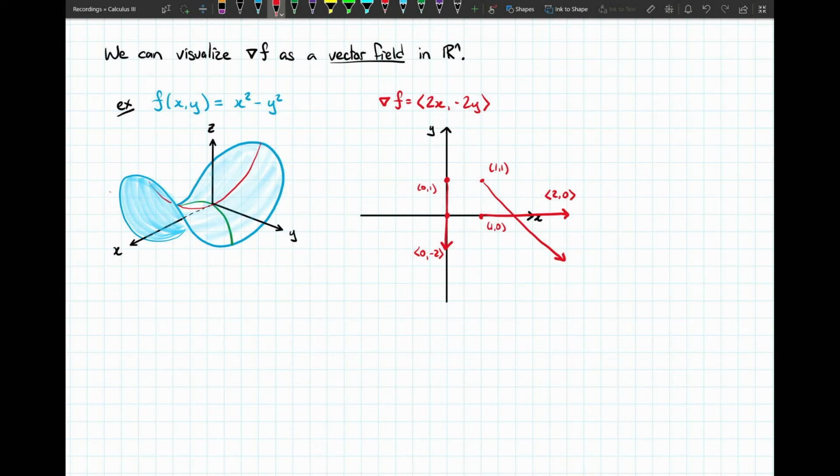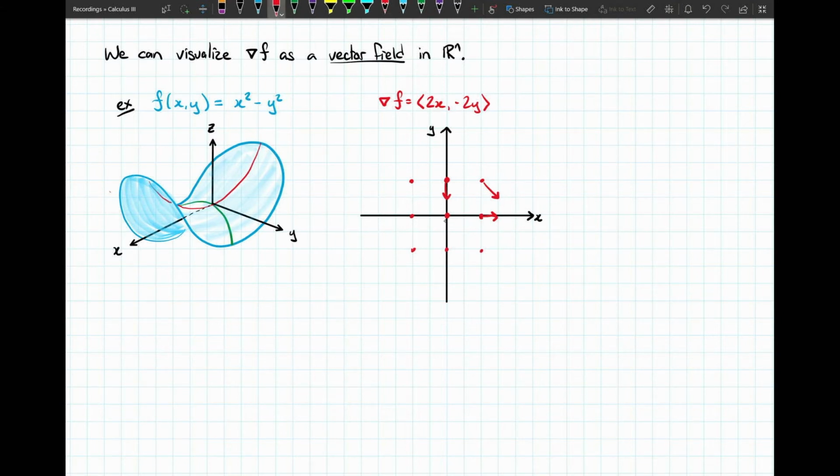So what we typically do is we actually just scale these vectors back so it's easy just to determine their direction, but not quite as easy to determine their magnitude by looking at them. Scaling all these vectors back, and then of course we could go ahead and plot even more points on there and hopefully be able to manage all of these little vector arrows so that they don't cross paths with each other. So maybe we would try to plug in all of these other points that is just along a grid pattern here.